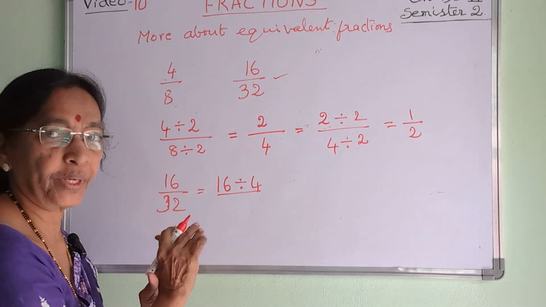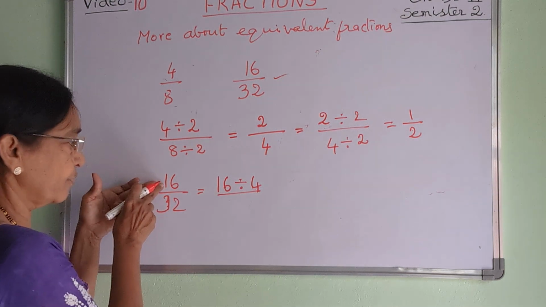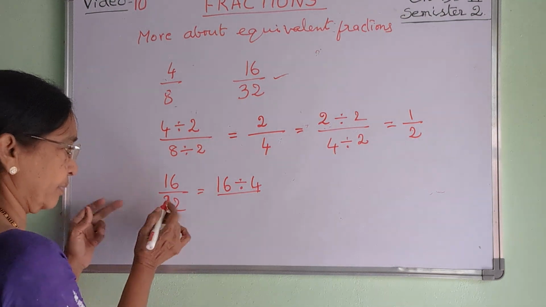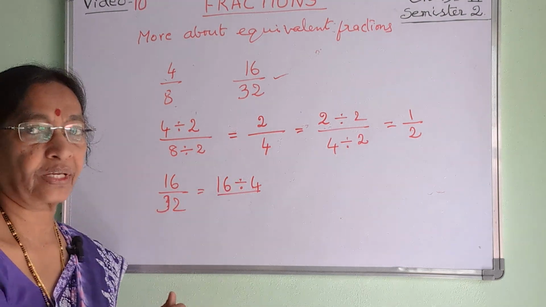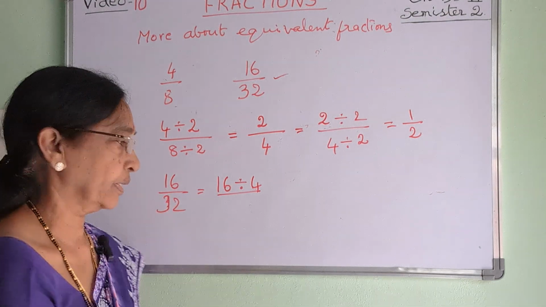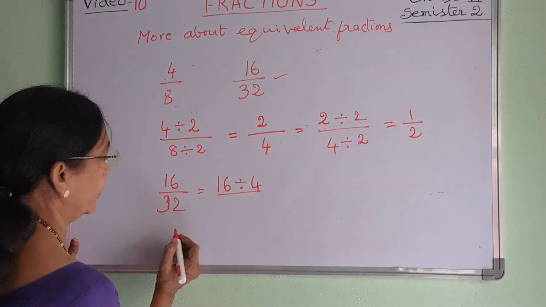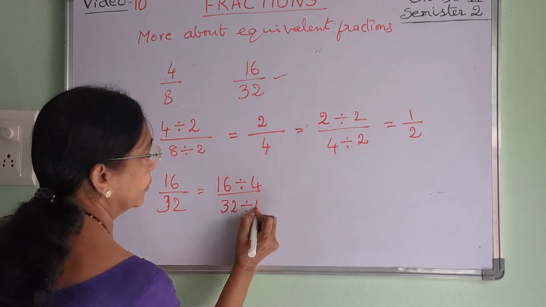We will divide the numerator and denominator by the same number. This is divided by 4 and this is also divided by 4. Therefore, we will take 4, that is the common factor. We have to select a common factor of the numerator and the denominator.